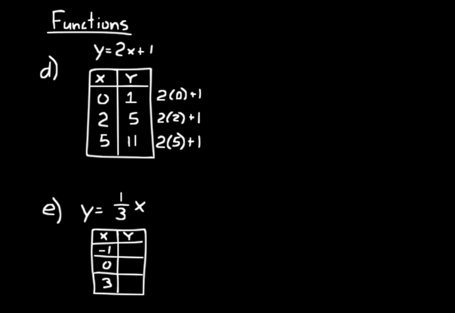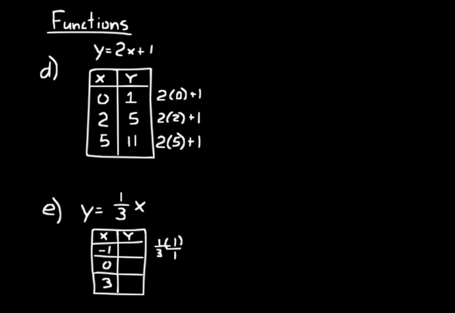Let's do one more. y equals 1/3 times x. That's our function, 1/3 x. We input those given values to figure out what the output or y values are. So for the first one, we input -1. 1/3 times -1. We could put it over 1, -1 over 1.